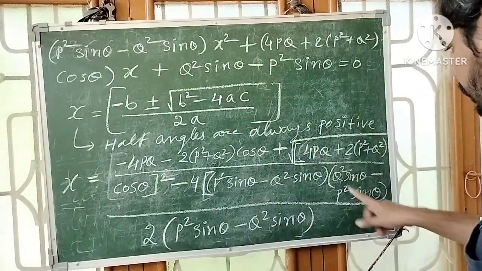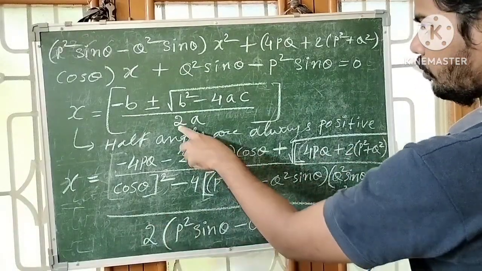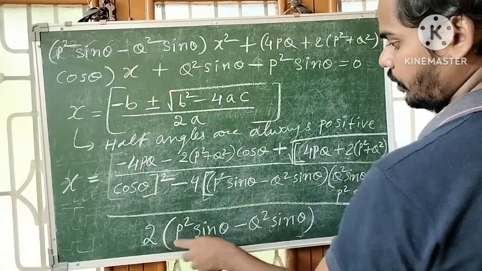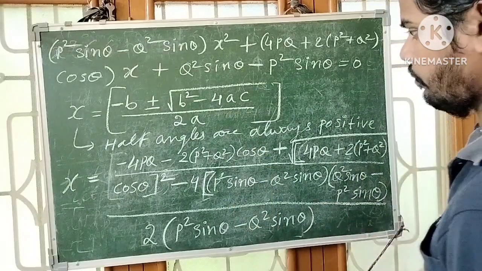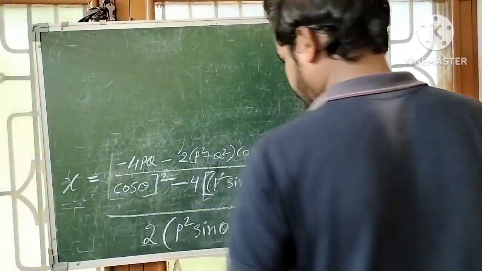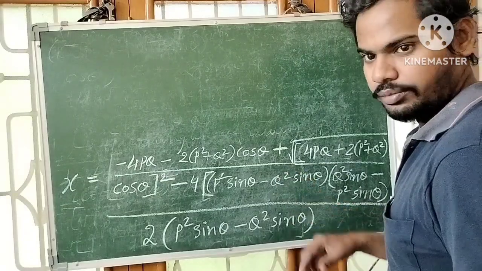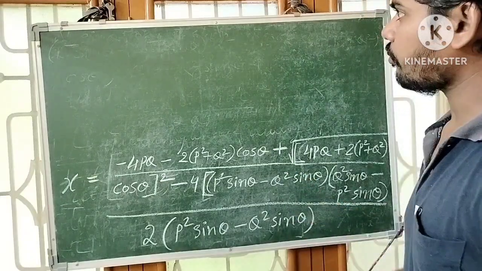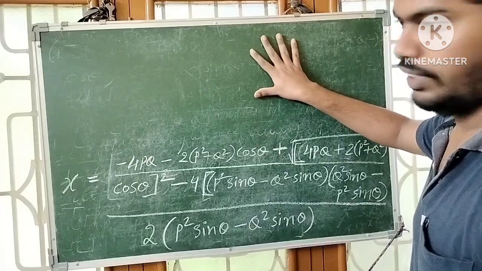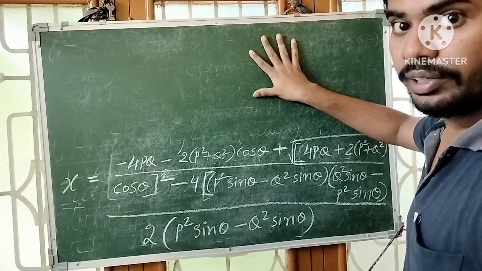Substitute all values, whole divided by 2a, so 2 into the a value again. This simplifies further. Yes, it looks a little bit clumsy, but the space here is not sufficient, so I just solve part by part.